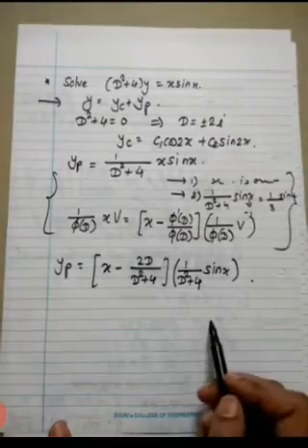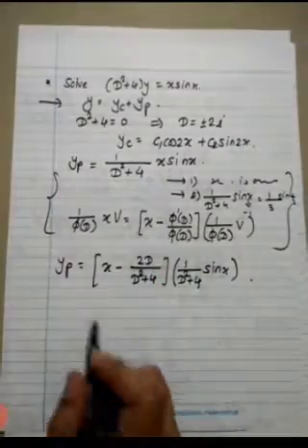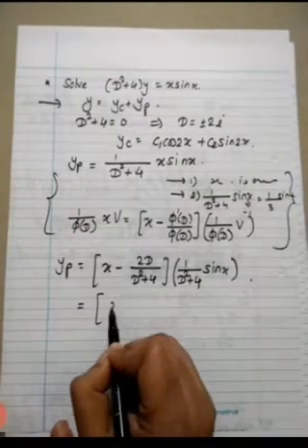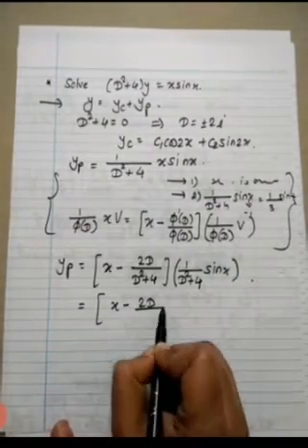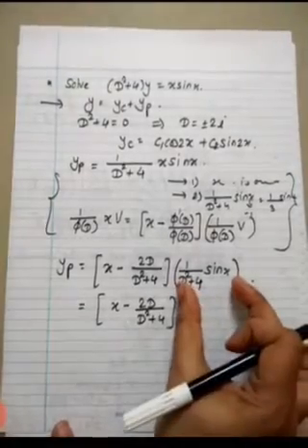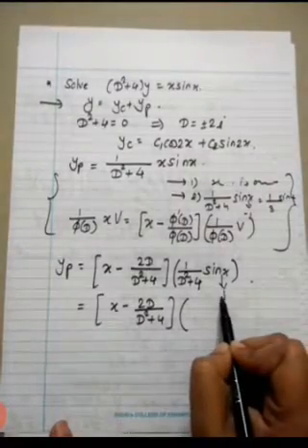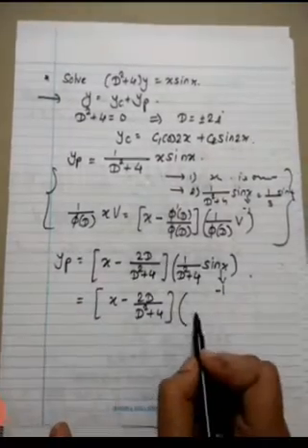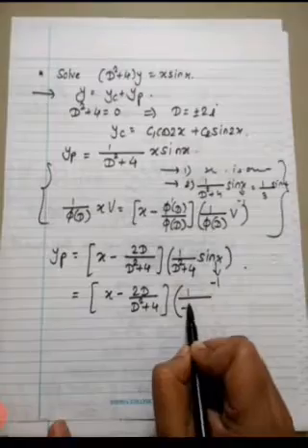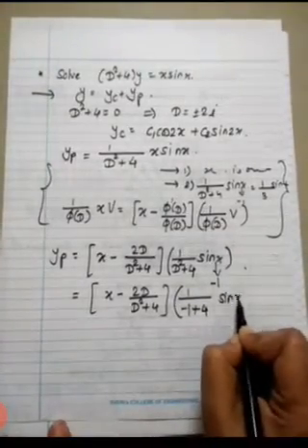Solve this bracket, whatever answer we get, apply on the other bracket. We'll let x sin x by 3 stay as it is. 2d upon d square plus 4 into sin x: this is the case of sine, so d square is replaced by minus 1, giving minus 1 plus 4, into sin x.